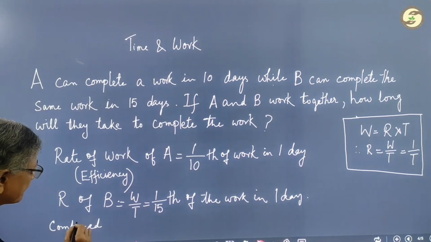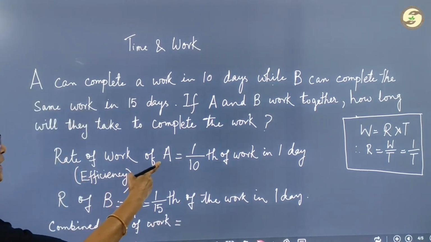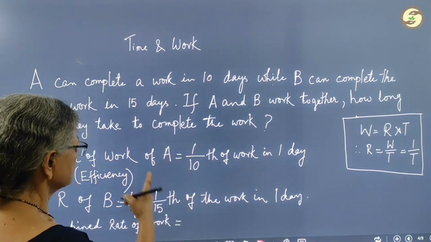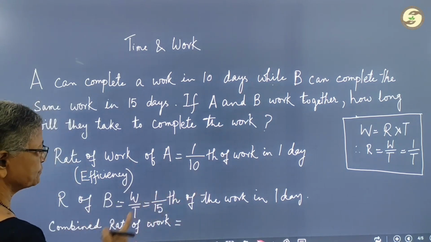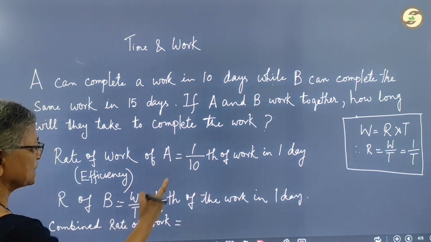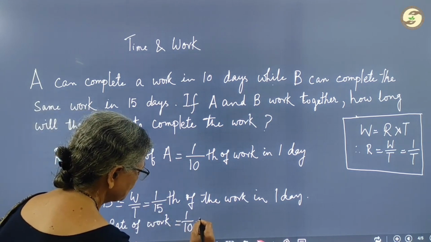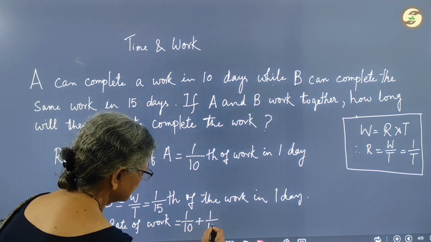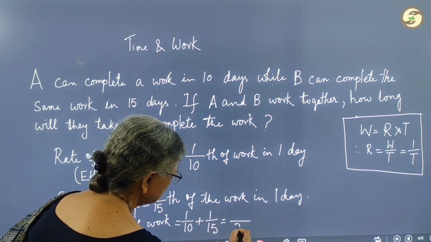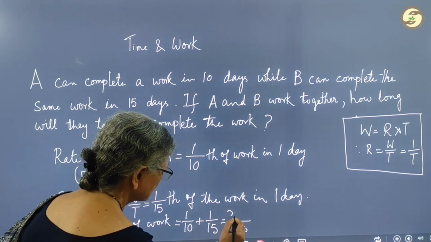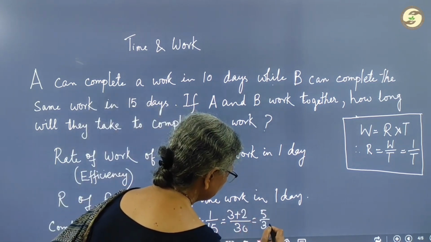So combined rate of work will be, for A it is 1/10 of the work, that is his efficiency. And for B it is 1/15 of the work. So 1 by 10 plus 1 by 15. And that will be 3 plus 2, 5 by 30.